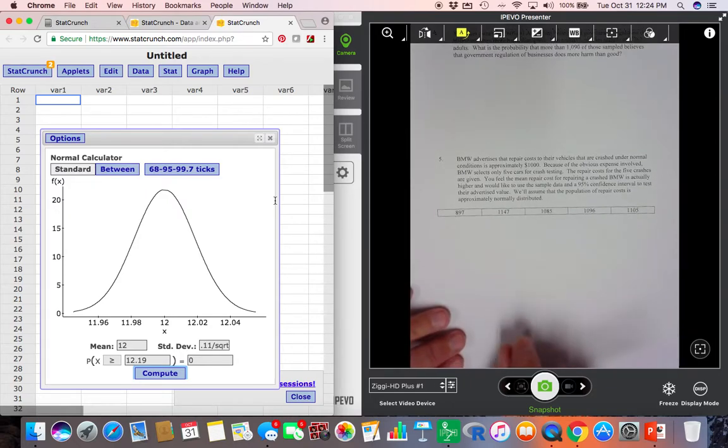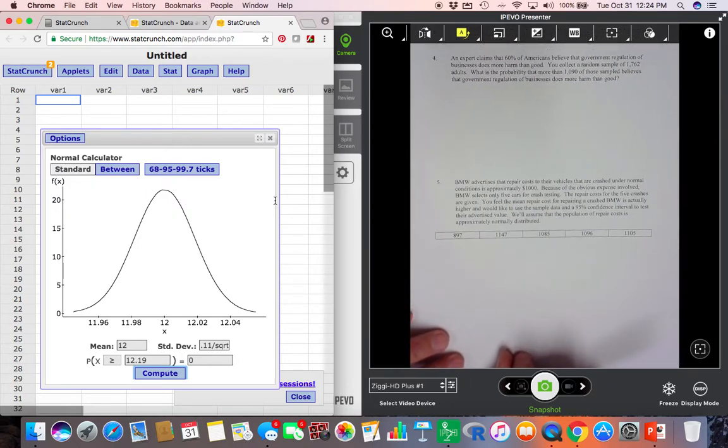All right, number 4, an expert claims that 60% of Americans believe that government regulations of businesses does more harm than good. Nothing like a little politically infused question. You collect a random sample of 1762 adults.